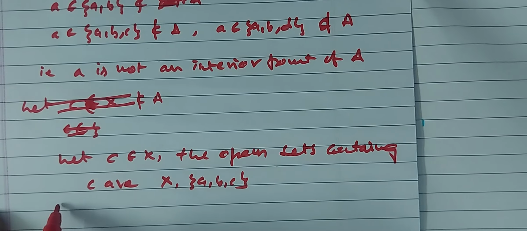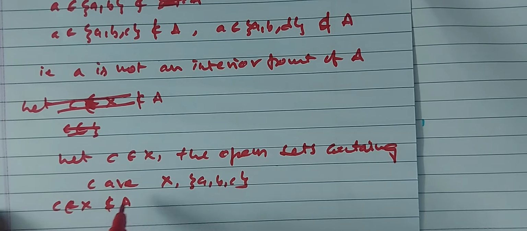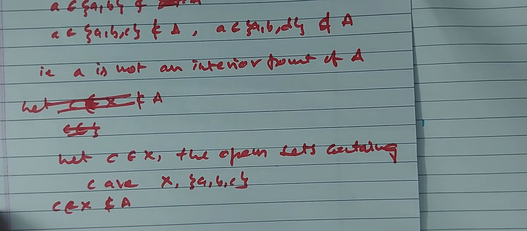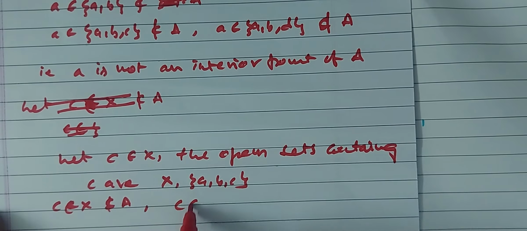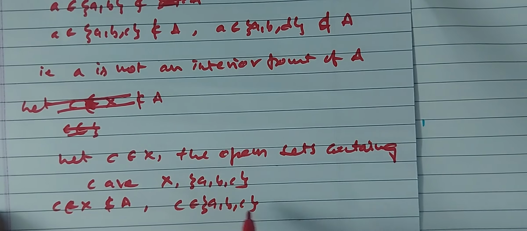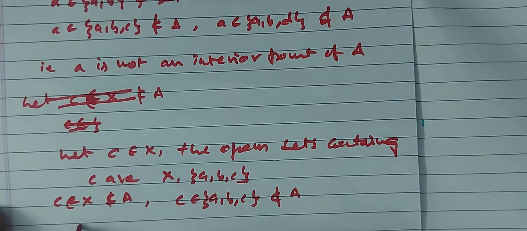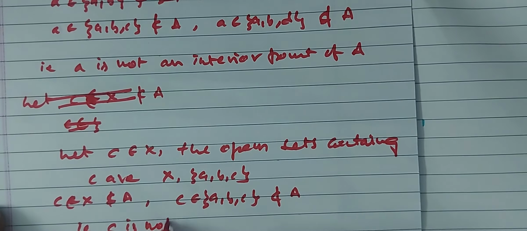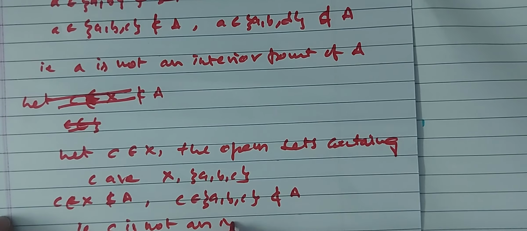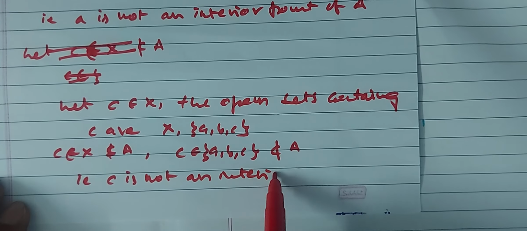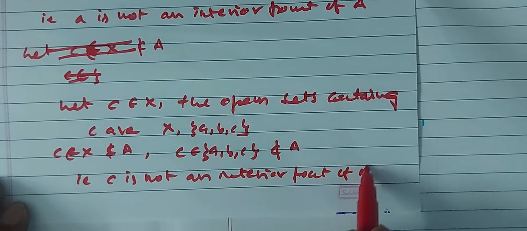Next, C belongs to X, which is not a subset of A, that is, X is not a subset of A. Next, C belongs to the set {A, B, C}, which is not a subset of A. That is, C is not an interior point of A.